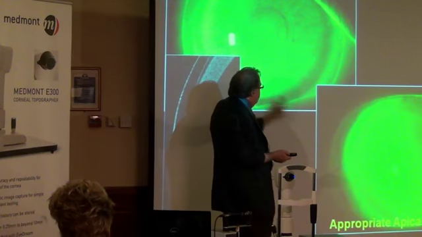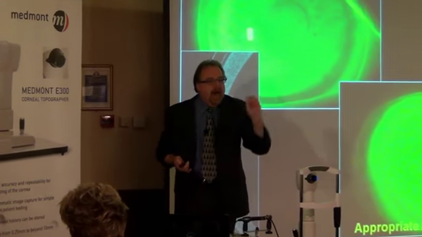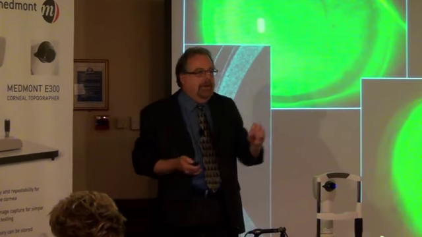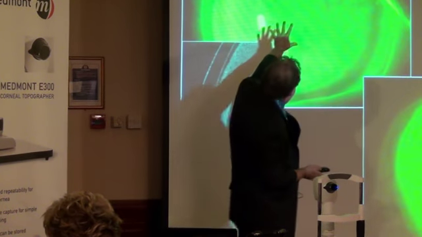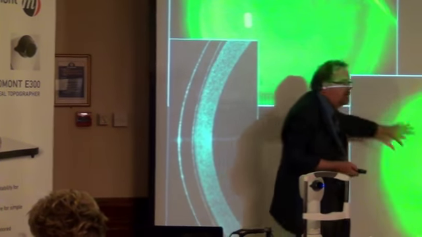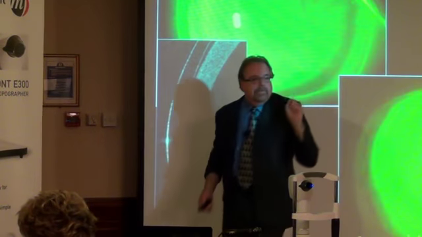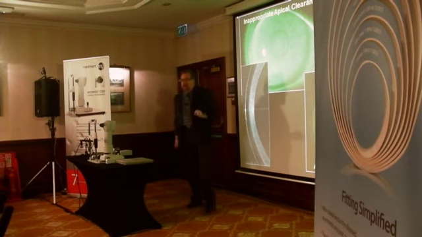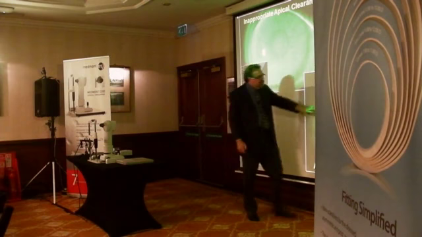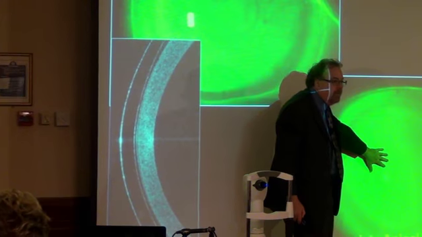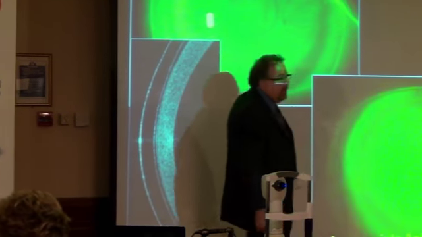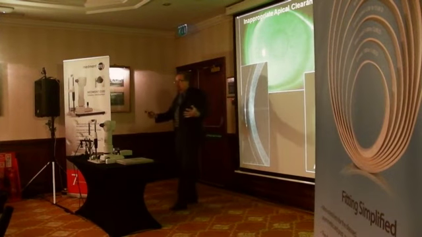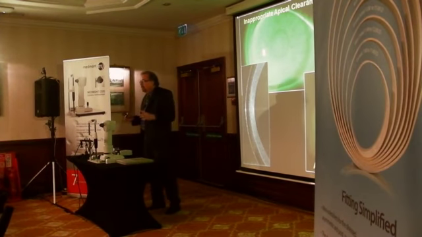So we can see here there is an anatomical difference between the fluorescein pattern we see here and here. That anatomical difference is that here there is so much fluorescein beneath the contact lens that it has actually obscured the visibility of the pupil.